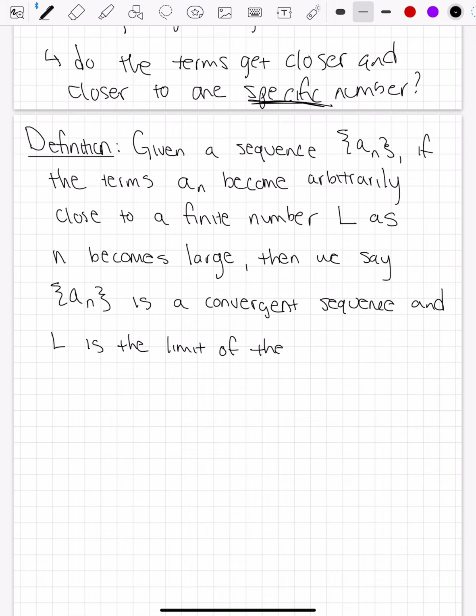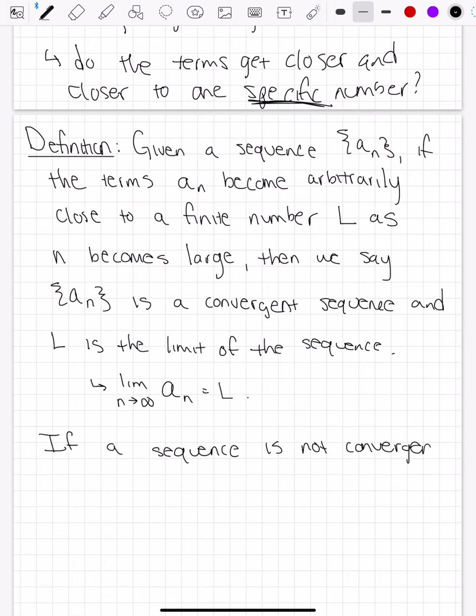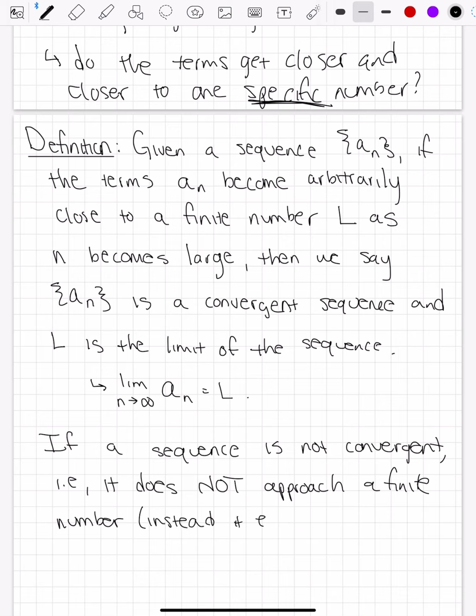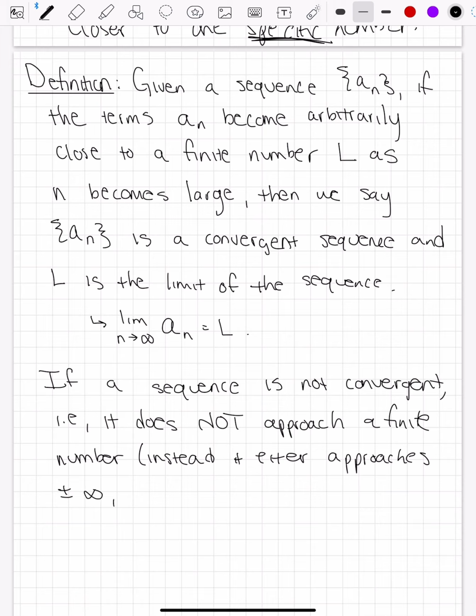of the sequence. So here we're saying that the limit as n approaches infinity of a_n is equal to some constant L. And then if instead a sequence is not convergent, that is, it does not approach a finite number, so instead it either approaches positive or negative infinity, or it oscillates forever.